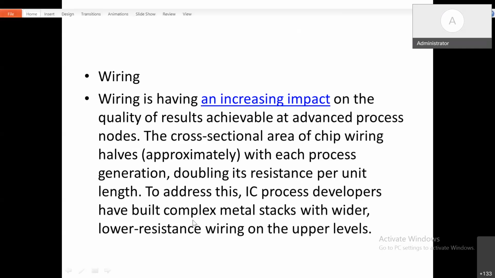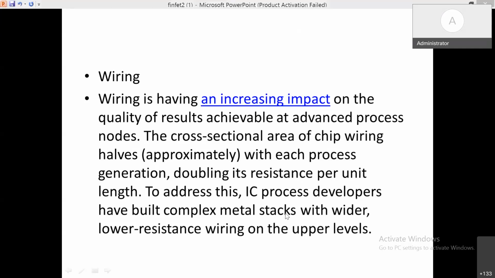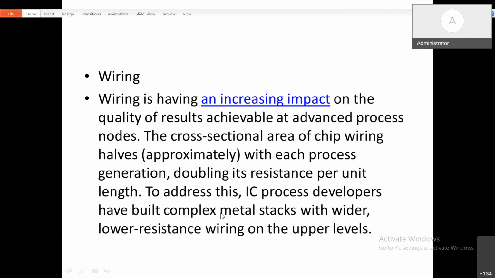So to address these issues, the IC process developers have built complex metal stacks with wider, low resistance wiring on the upper levels, because through the wirings only you have to connect the different components of the device. So it's a very important challenge with respect to the 16 or 14 nanometer.